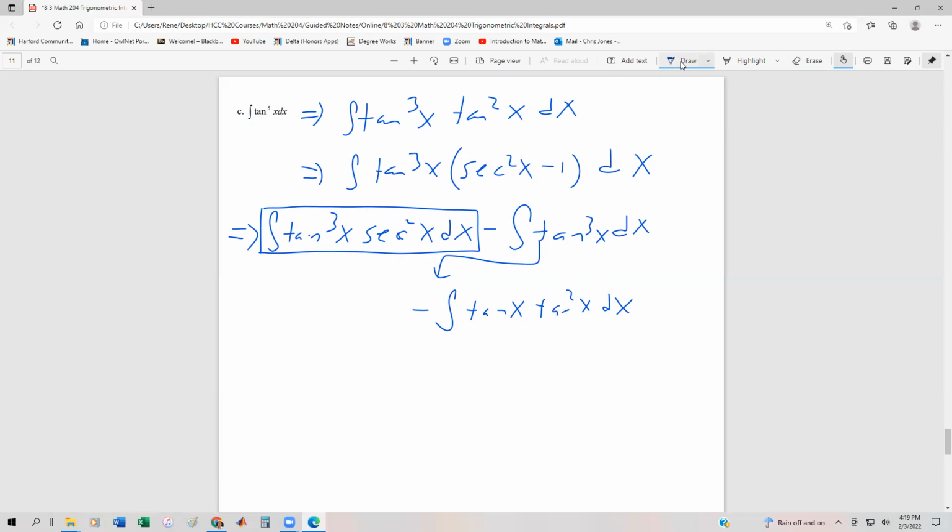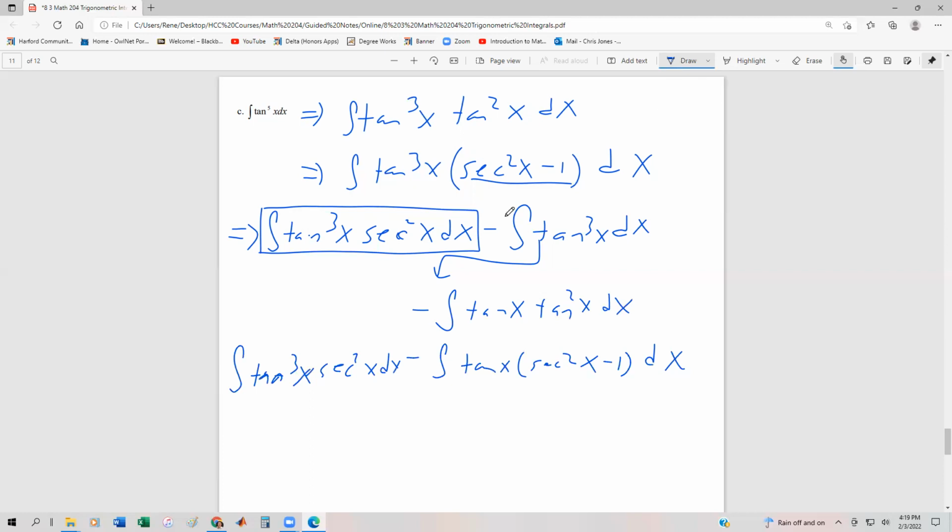This one might not be any better, but it looks a little bit better. We can use the Pythagorean identity again, sec square x minus 1 for your tan square, dx. And now we're going to drop down the other integral. So we have our tan cube x sec square x dx minus all of that stuff.